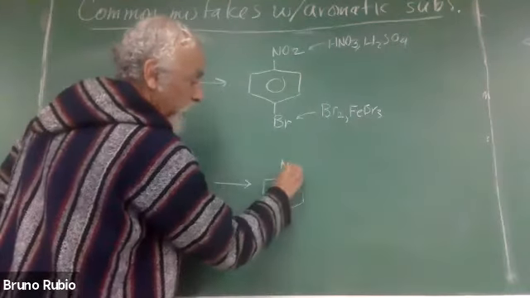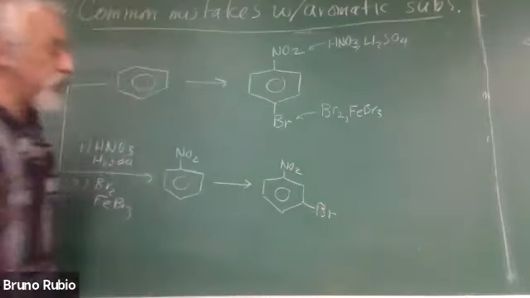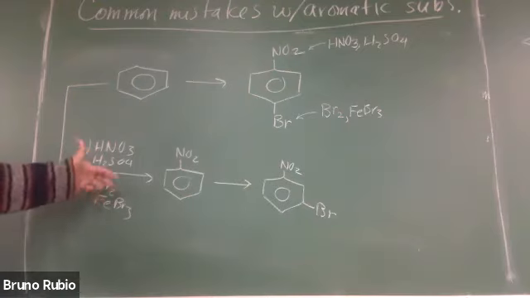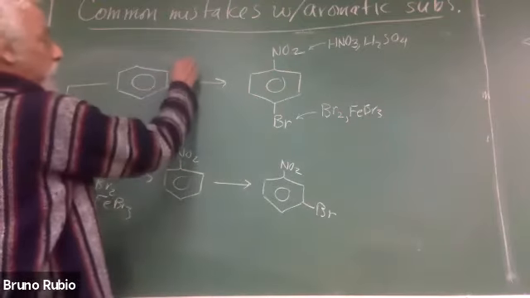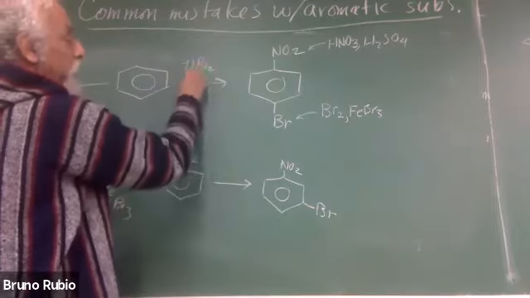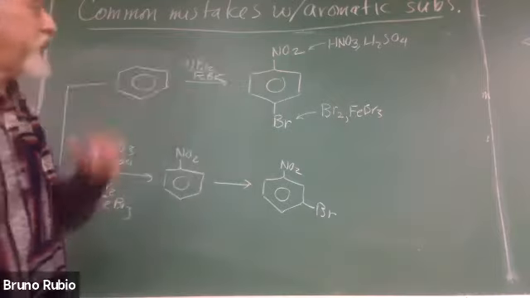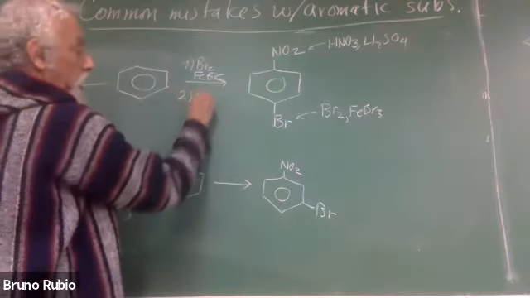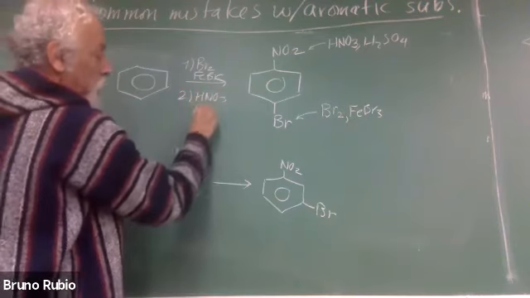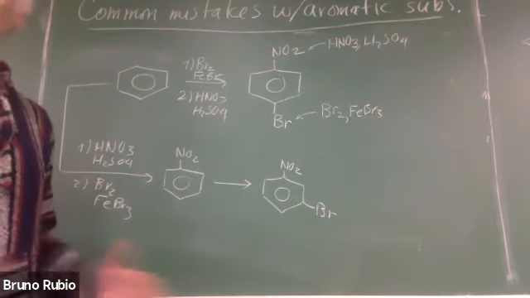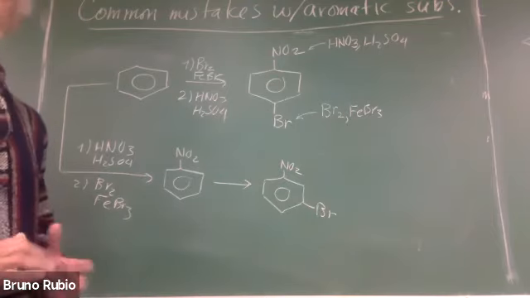And so the product of this synthesis would be this 1-bromo-3-nitrobenzene, and that's not what I want, right? So these are the right steps, but they're just in the very wrong order. So the correct order would be bromination. That puts on the bromine, that's an ortho-para director, and then nitrate. So this is a pretty important thing to keep in mind, what the order of steps would be.